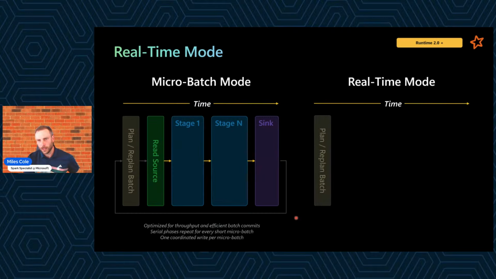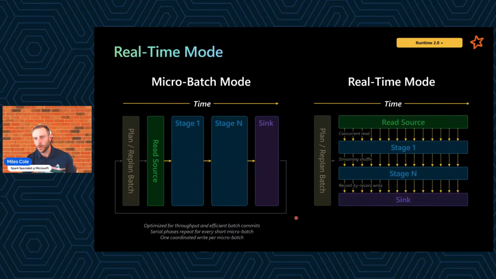But now with real-time mode, we totally flip things on the side. We still do the planning work to identify how we're going to execute this query. But what is immediately created after that is these long-running tasks where we can read the source, and the key thing that's happening here is that this is all concurrent.